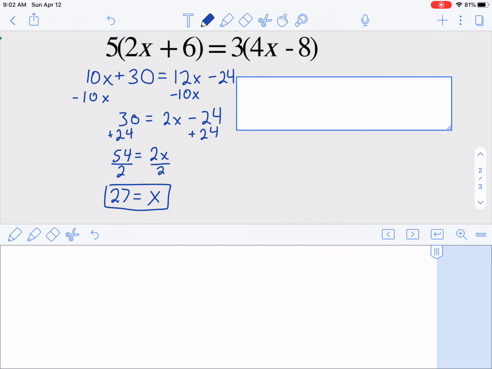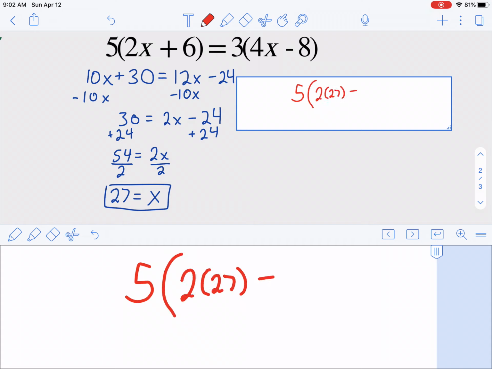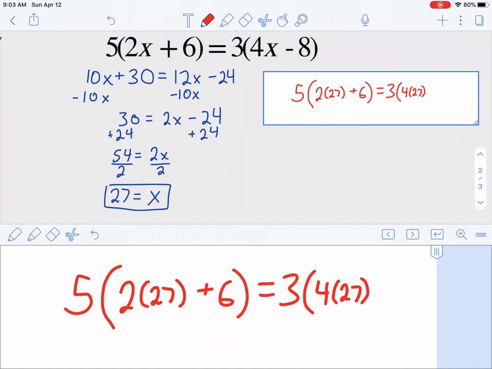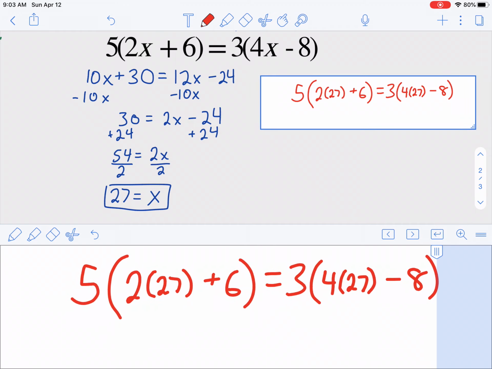And you can always check equations, and you should, because it's an easy way to make sure that your answer is right. And so this is 5 times 27 plus 2 is 54.